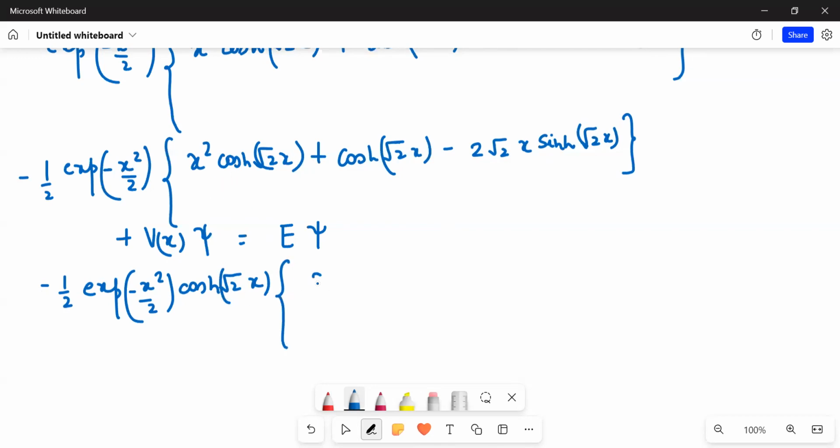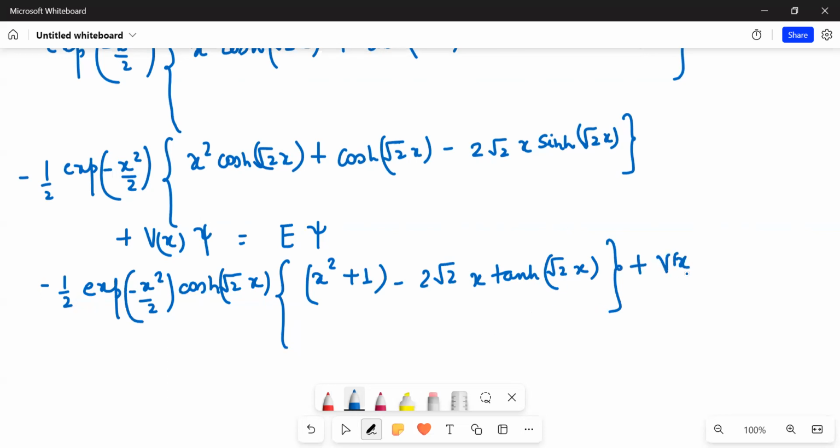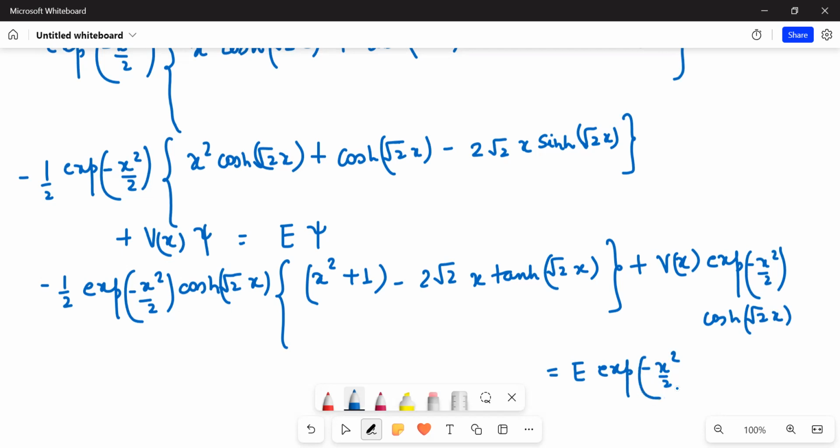If I take this common out, I'm going to get x square plus 1 minus 2 root 2x tan hyperbolic root 2x, plus V(x) times exponential of minus x square upon 2 times cos hyperbolic root 2x is equal to E times exponential of minus x square upon 2 times cos hyperbolic root 2x. Okay, so this is one thing.